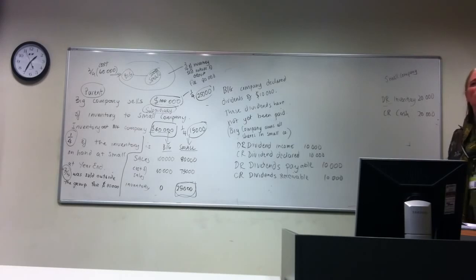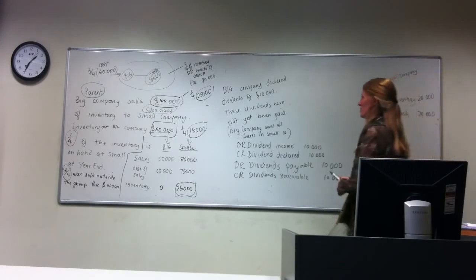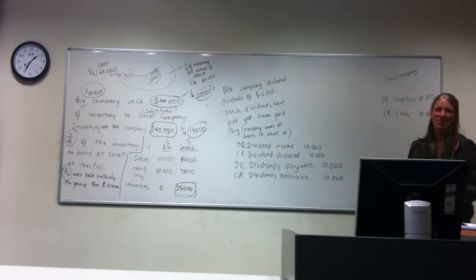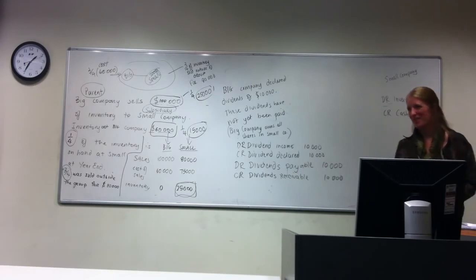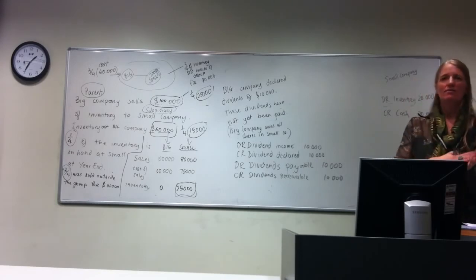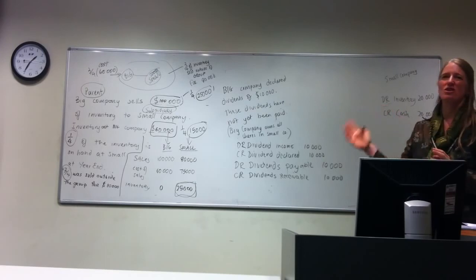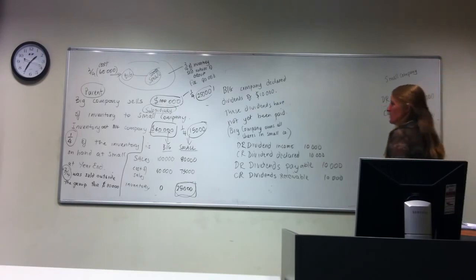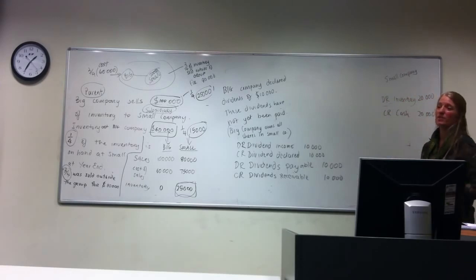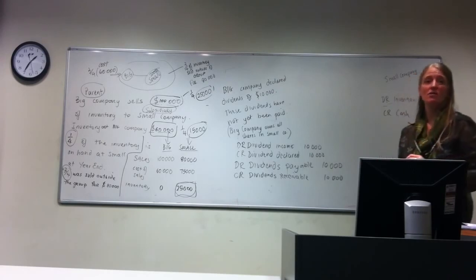You can basically assume, because they're owning 100% of the shares of small company, obviously they have the final decision on any decisions that are made, because they have all the voting power. And obviously, whenever a company controls another company, we say that they then have to do consolidated financial statements.